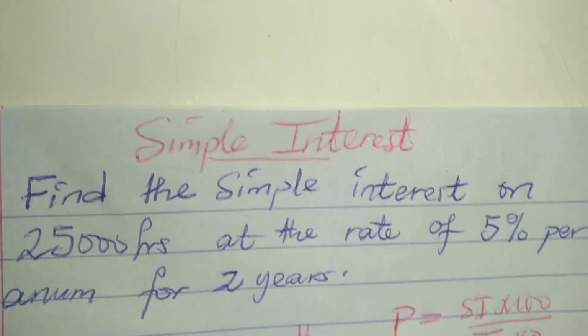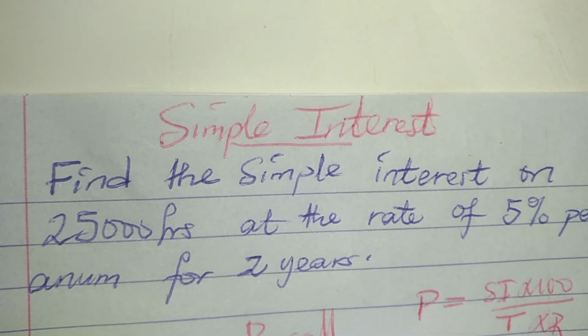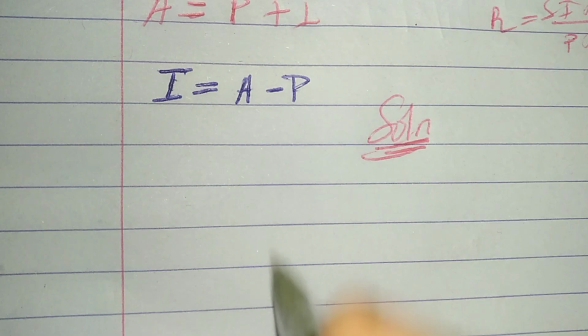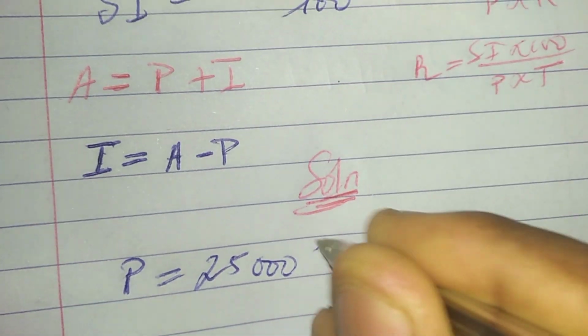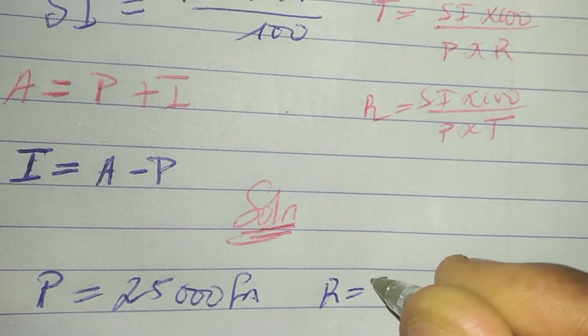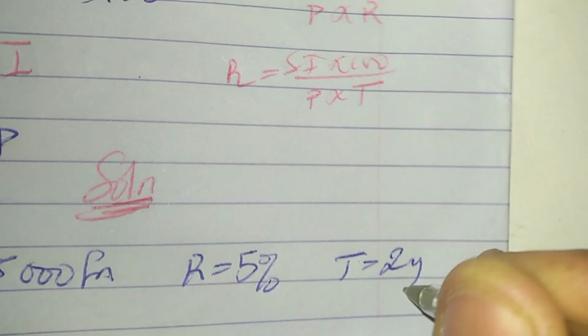Let us solve. The question reads: find the simple interest on 25,000 at a rate of 5% per annum for 2 years. So we need to take down the given data. We have the principal of 25,000 francs. We have a rate of 5%, and we have a time period of 2 years.